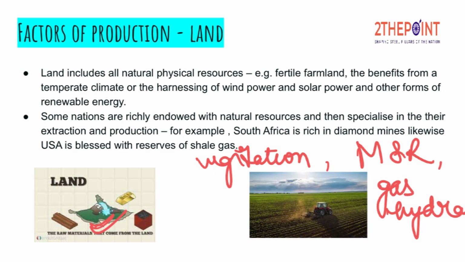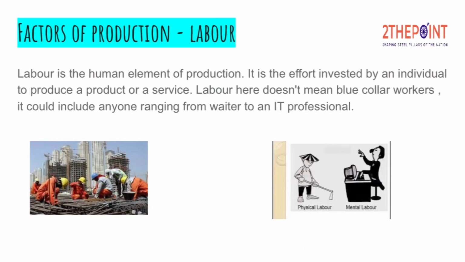So anything which is given to us by nature free of cost is termed as land, and it is usually scarce and limited. This forms the basic factor of production, as by using this resource we produce other goods and services.